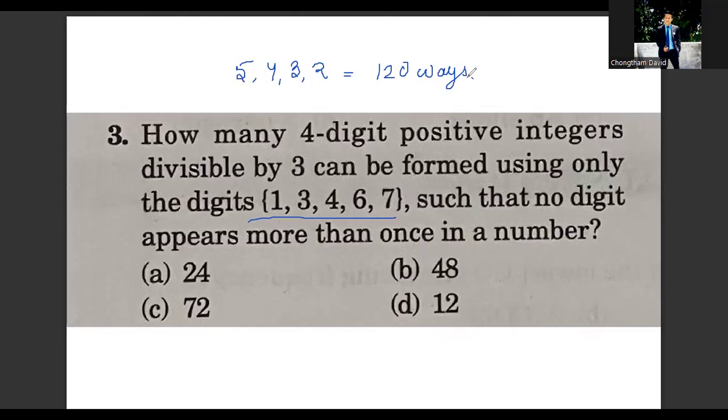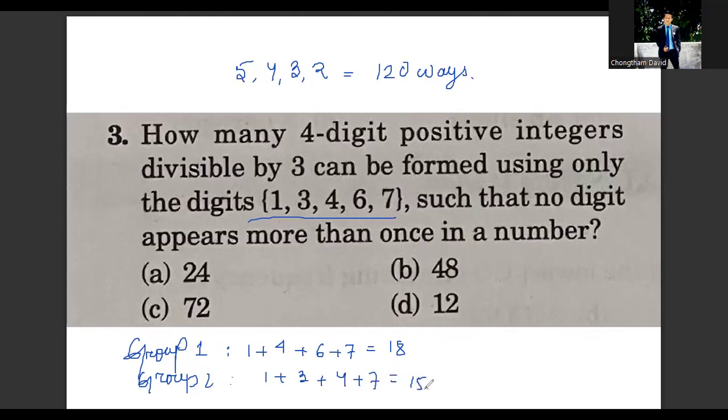Now, a number is divisible by 3 when the sum of the digits of the number is divisible by 3. Let us group them. Group number 1: 1 plus 3 plus 4 plus 6 plus 7 equals 18... The second grouping is 1 plus 3 plus 4 plus 7, 15.